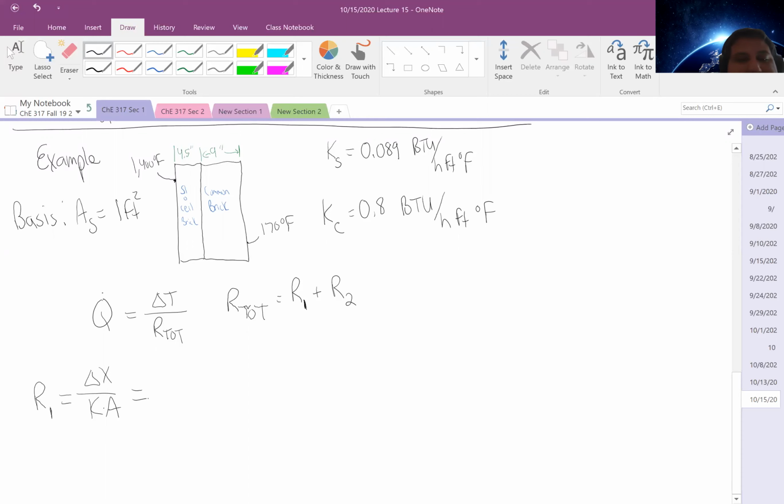So with that in mind, our initial thermal resistance, R1, is simply the thickness, or 4.5 inches divided by 12 feet, divided by the thermal conductivity, or 0.089 BTUs per hour foot degree Fahrenheit, times the area, which is 1 square foot.